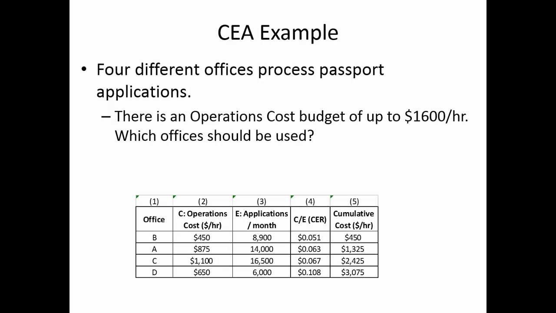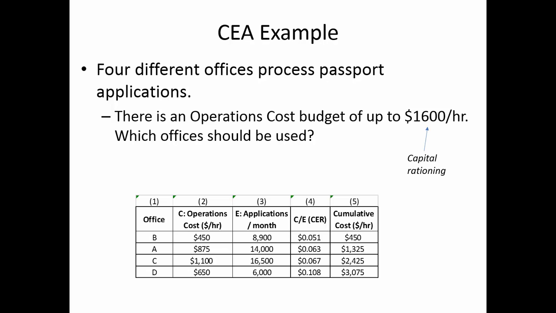But it's not necessary, because we're going to be comparing all four options to each other. And so you can just consider C to E as being unitless. You know, here we have dollars per applications, but we don't know the time base of it, and that's fine.